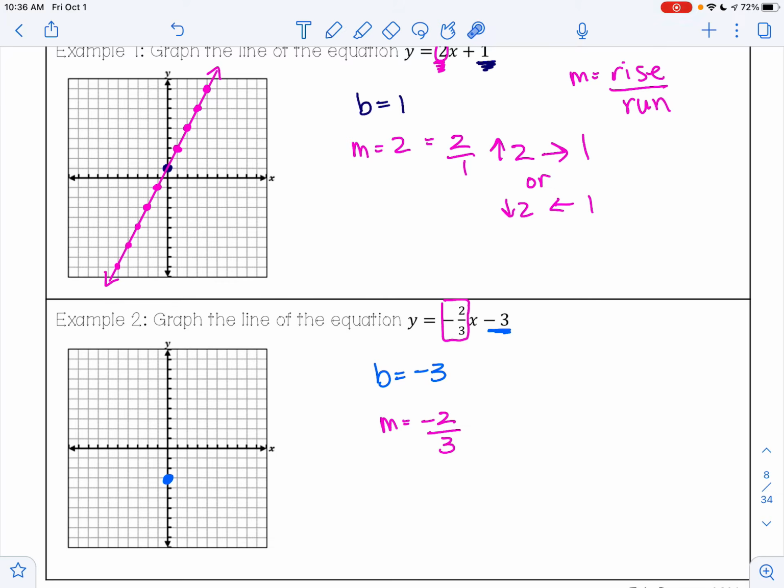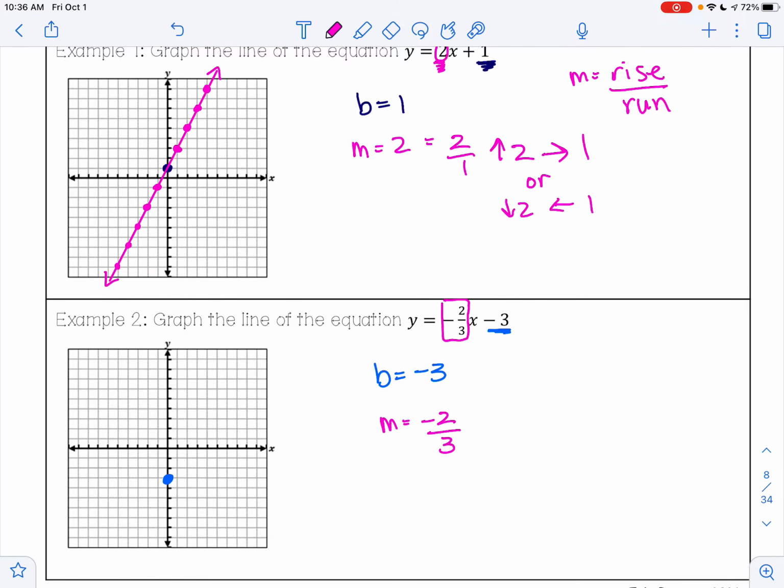Now I know the negative sign is out in front, but you either put the negative with the 2 or with the 3. You don't put it with both because that would make it negative 2 over negative 3, and we know that a negative divided by a negative is positive. So you only put it with one of the numbers.